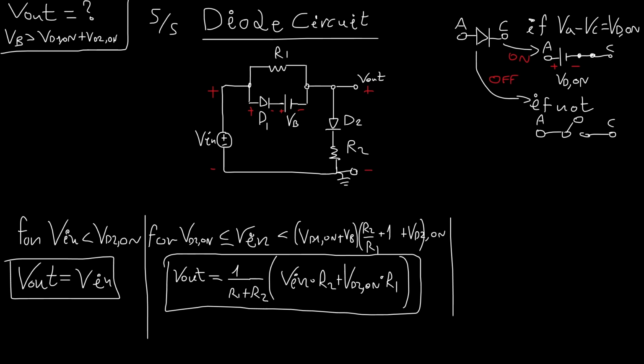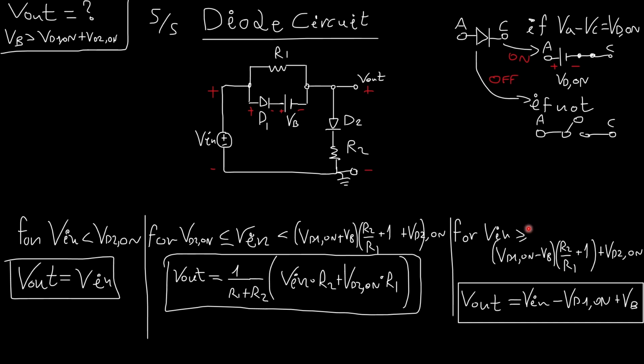When Vin is more or equal than Vd2 on and less than this, well, Vout then follows this equation. Now, for Vin larger than this, and this is the most effective way to solve these exercises.